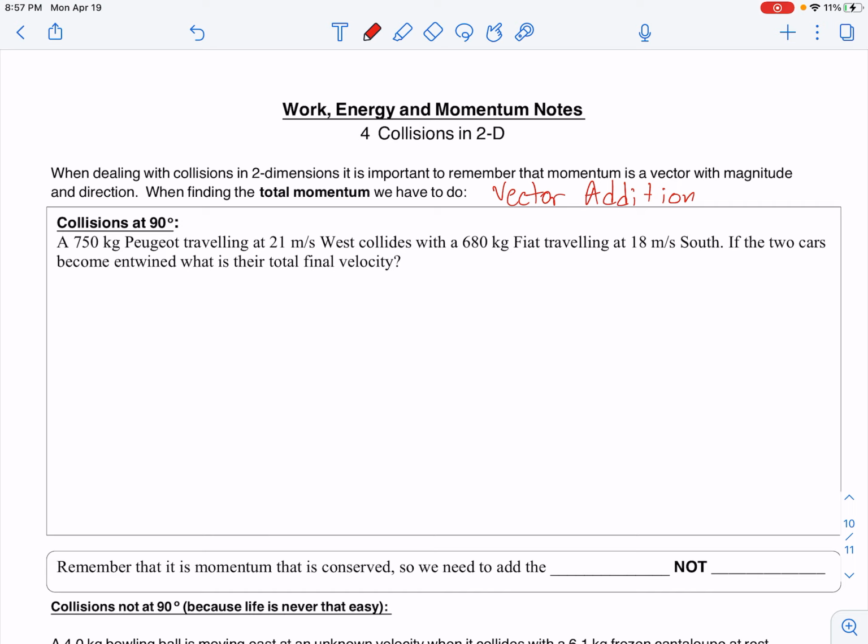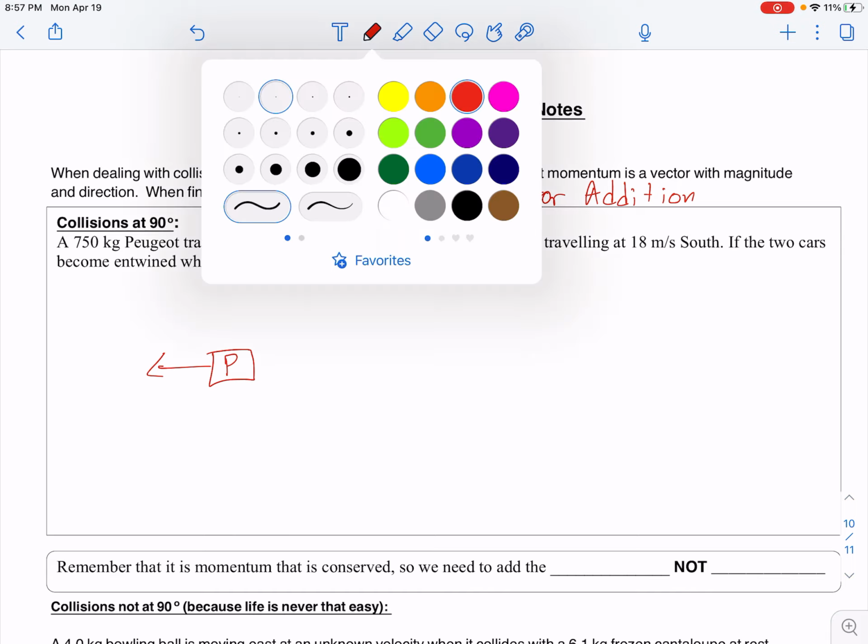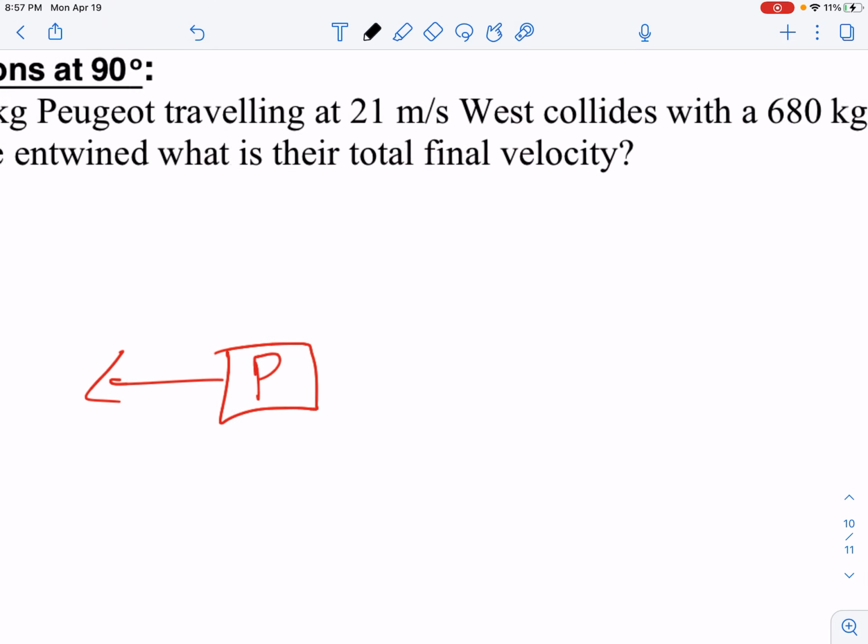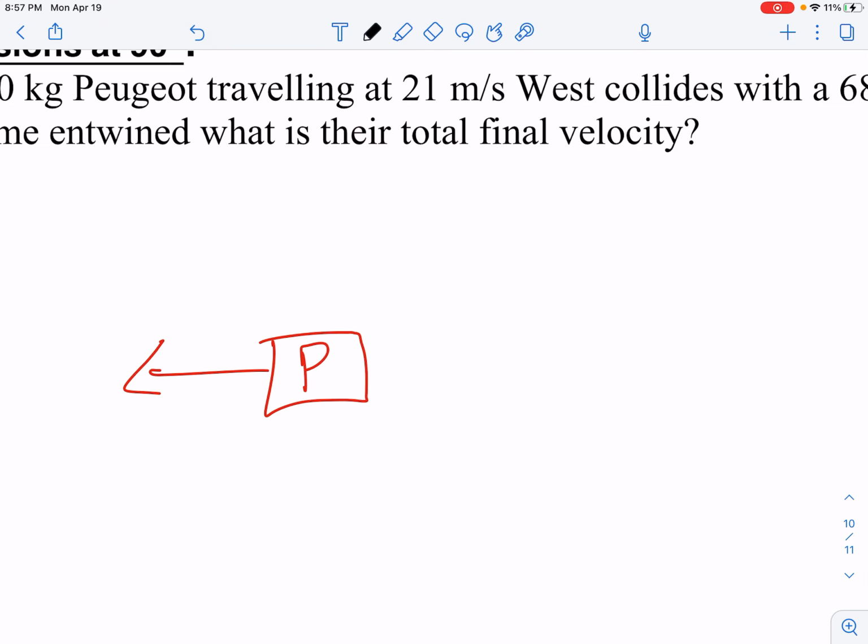All right. So again, any of these problems, it's kind of helpful to look at them visually first. So we have our first car, the Peugeot, and it's traveling west. Let's establish a couple things about it. We know that its mass is 750 kilograms. Its initial velocity is, we'll say, 21 meters per second.